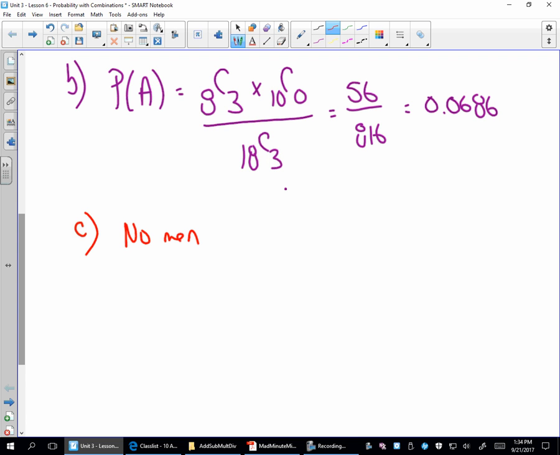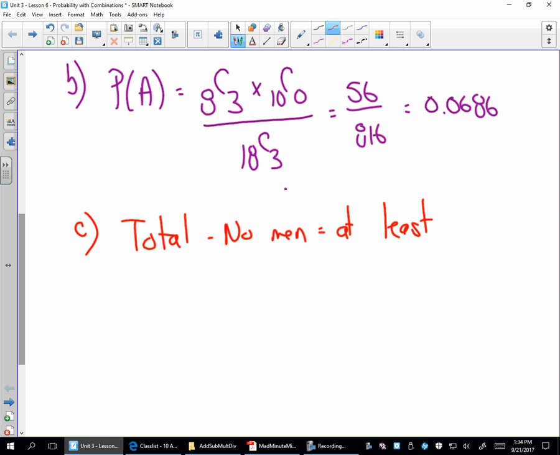That's the opposite of at least 1. So if I want to know my no men, sorry, I'm just going to change the order of this, okay? If I take my total and I get rid of the case of no men, I'll be left with at least 1.